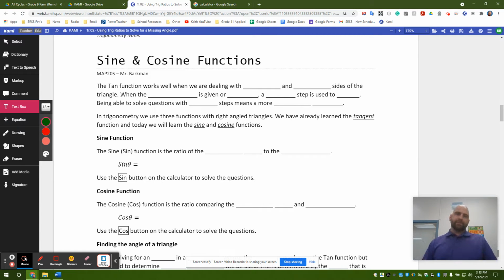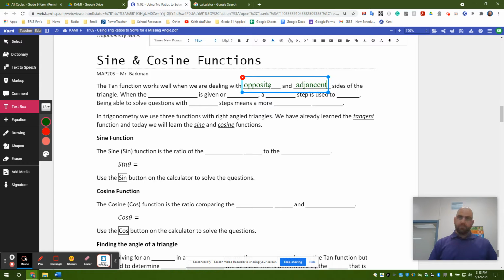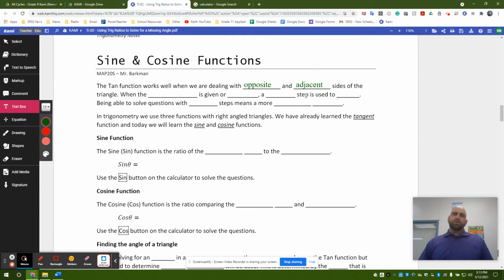The tangent function, or tan function, works really well when we're dealing with the opposite and adjacent sides of a triangle. So when we have the opposite and adjacent sides of a triangle, we can use our tangent function, which is perfect.